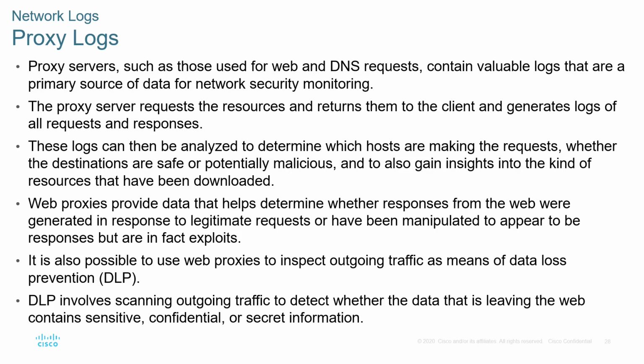It is possible to use our web proxies to inspect outgoing traffic as a way to provide data loss prevention, or to use some type of DLP mechanism. DLP involves scanning outgoing traffic to detect whether the data leaving contains sensitive, confidential, or secret information.